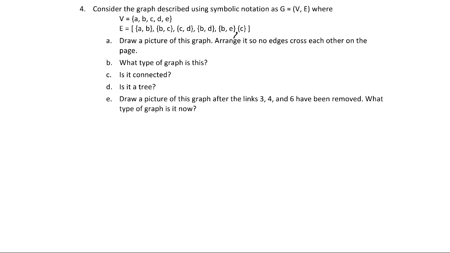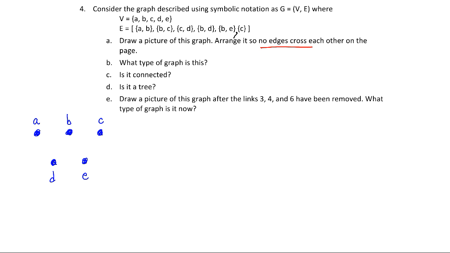I've got vertices A, B, C, D, and E. Let's see if when I arrange these vertices in this pattern I can draw it without having any overlapping edges. It says no edges crossing each other.